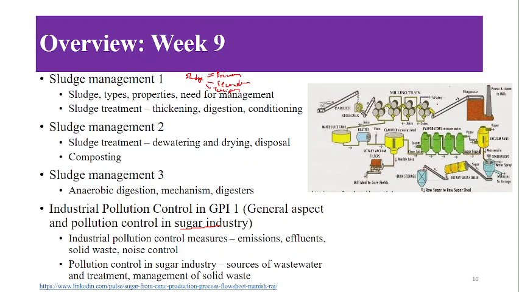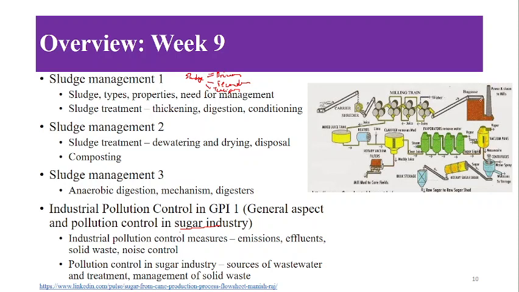So, for the different sources of wastewater, how can we design an effluent treatment plant, so that the effluent which is coming out of this ETP has the permissible limits of the pollutants in it, and the solid which is generated, such as the bagasse, how it can be used for cogeneration.